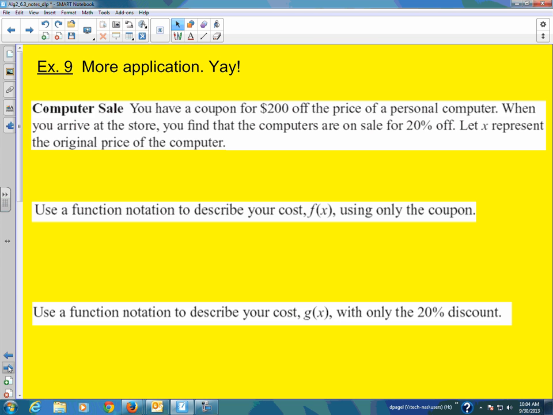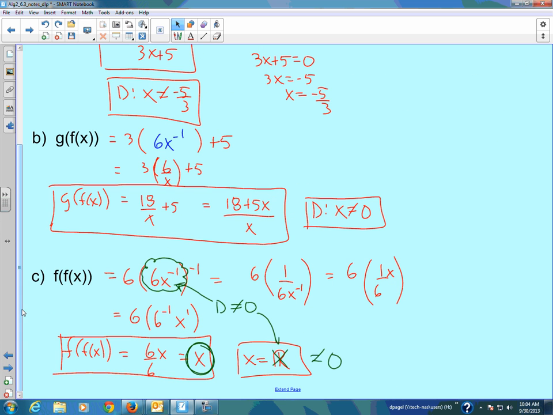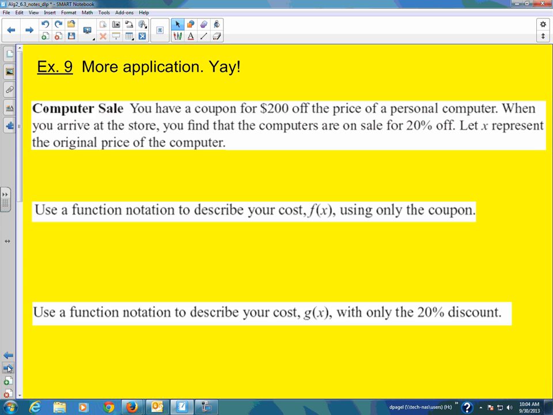All right, let's try some application in here. Computer sales: you have a coupon for $200 off the price of a personal computer. When you arrive at the store, lucky you, you find that the computers are on sale for 20% off. Let x represent the original price of the computer.